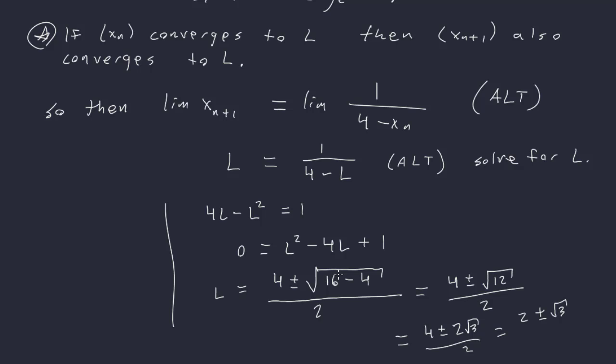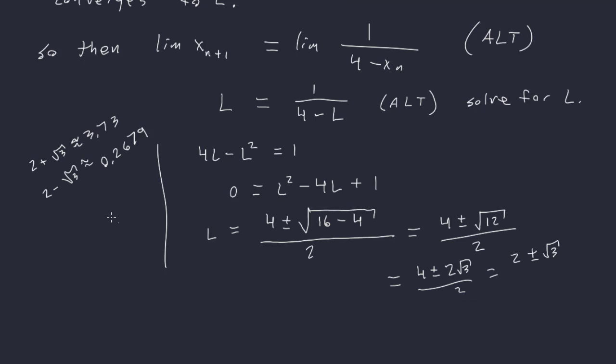Okay, so if we look at a calculator, 2 plus square root 3 is about 3.73, and then 2 minus square root 3 is about 0.2679.